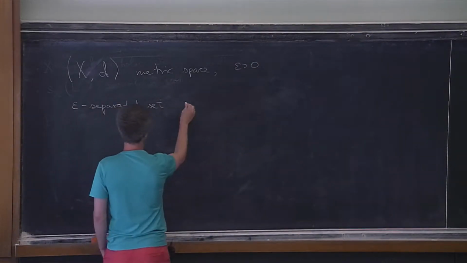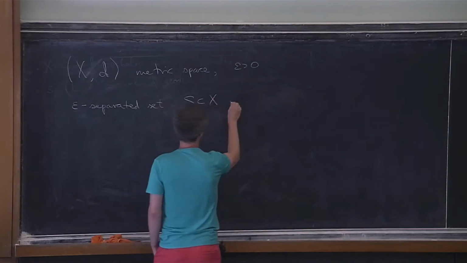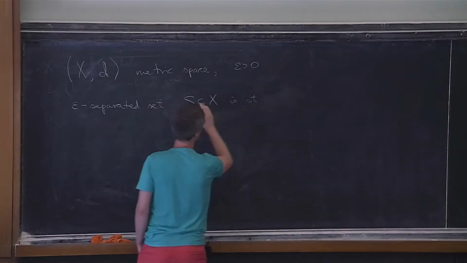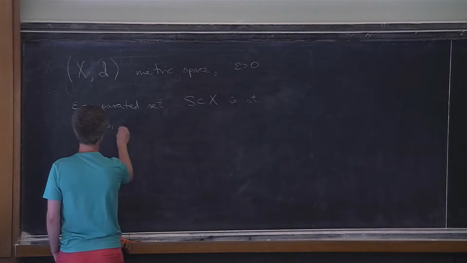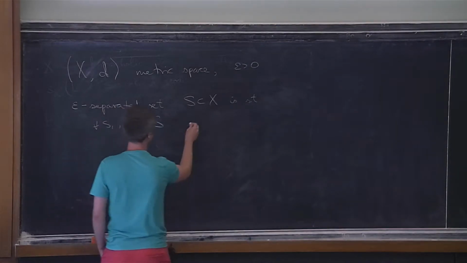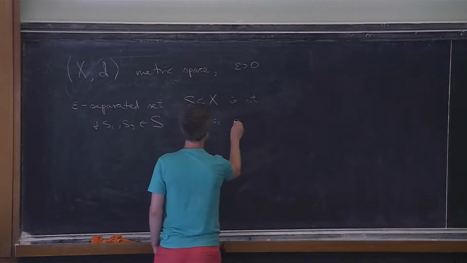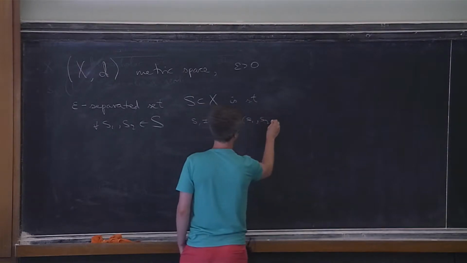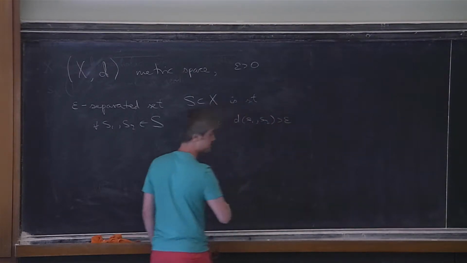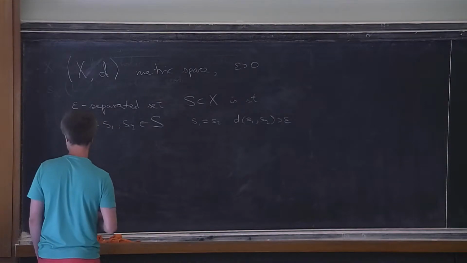An epsilon separated set S inside X is a set S such that for any two elements in S which are not equal, the distance between them is at least epsilon. So that's an epsilon separated set.